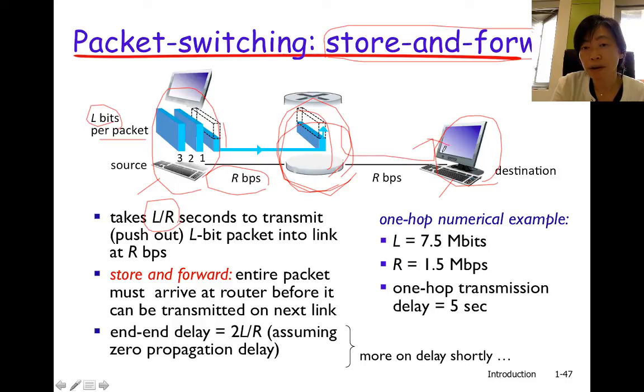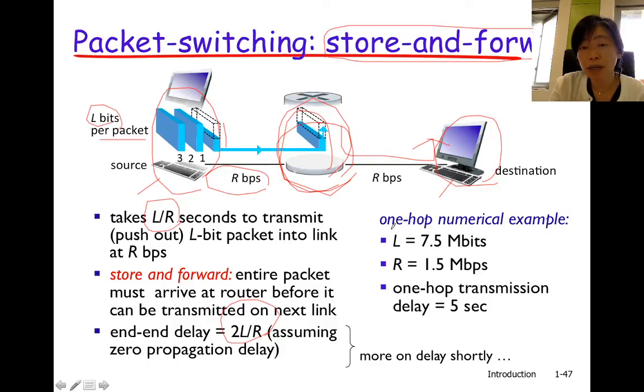So by the time packet 1 arrives at the destination, it's already 2L divided by R. So the end-to-end delay is the number of hops multiplied by the time to transmit one packet.